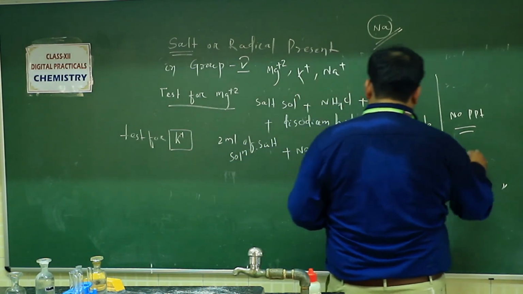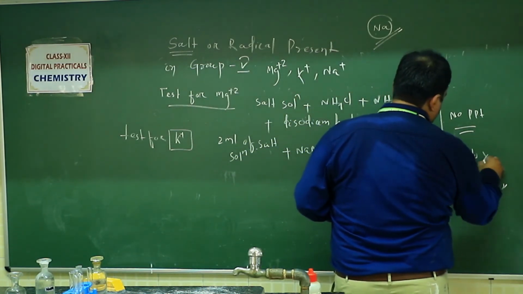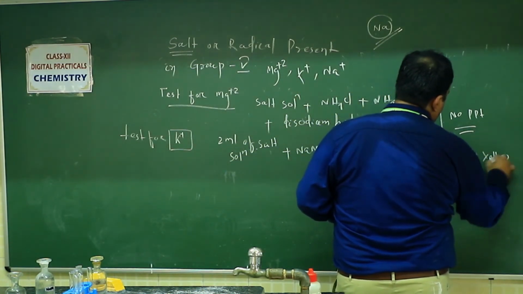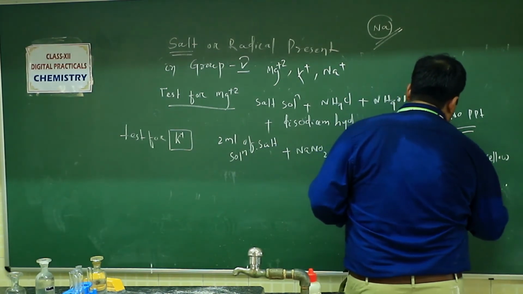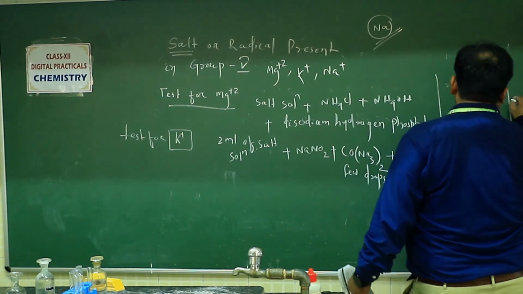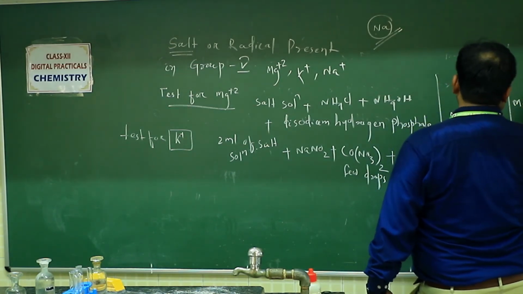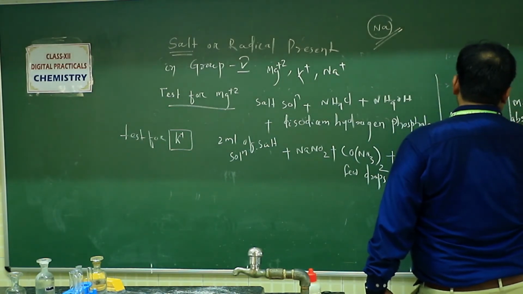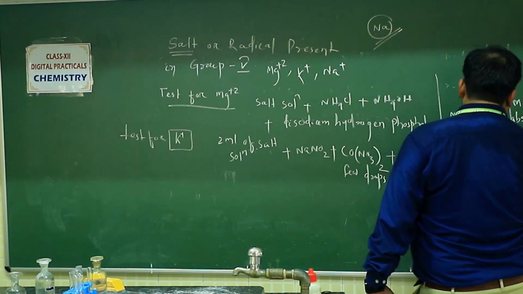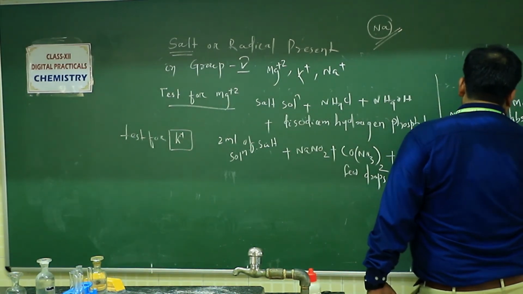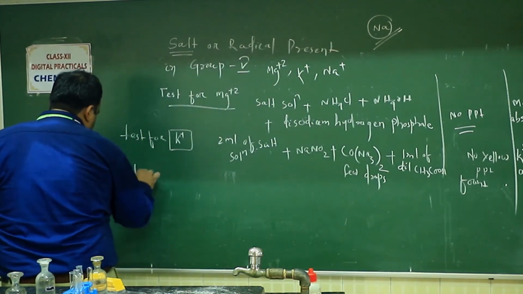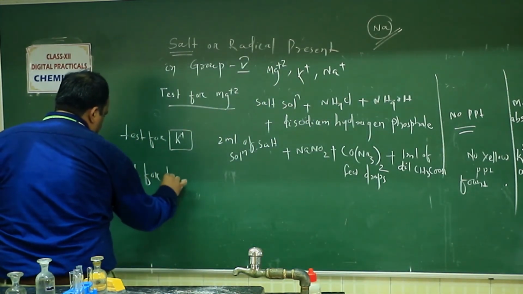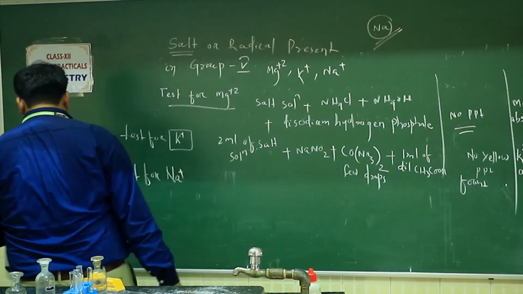Again you will not get any precipitate. No yellow precipitate found. So magnesium plus 2 is absent, and potassium plus is absent. Finally, you have to do the test for sodium.